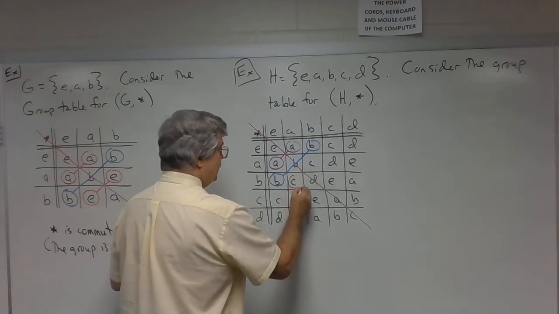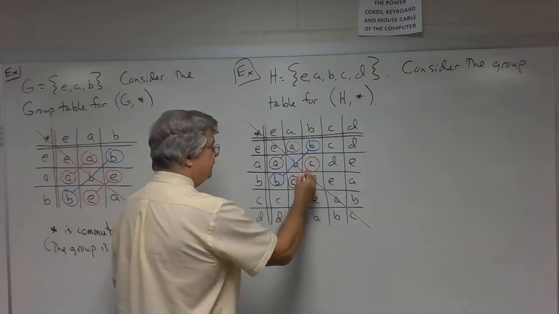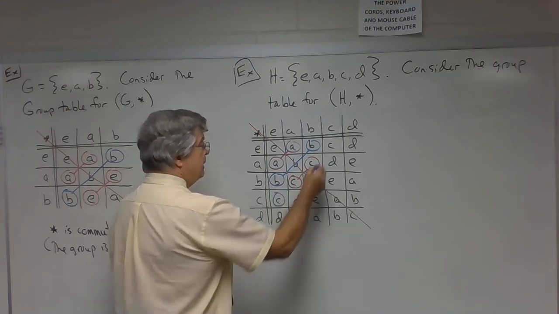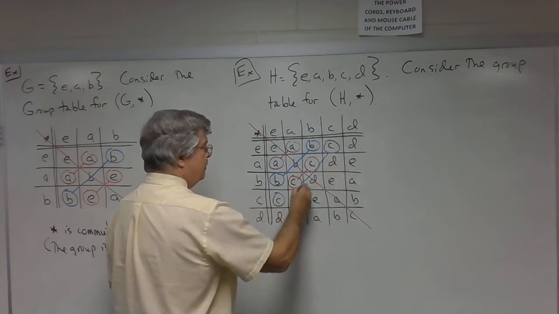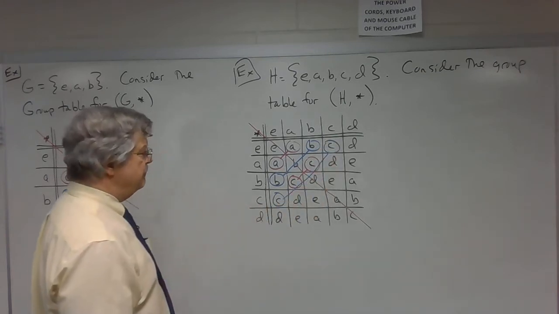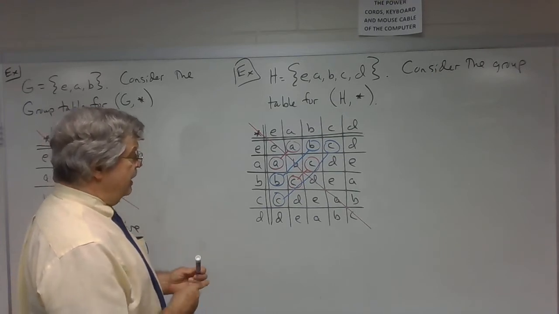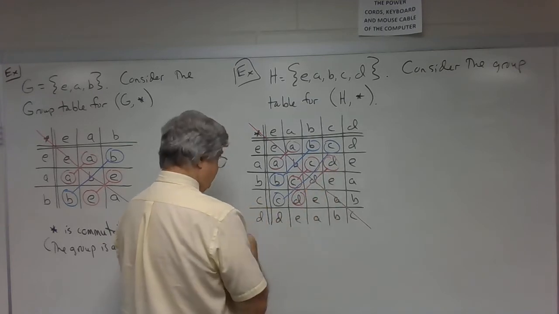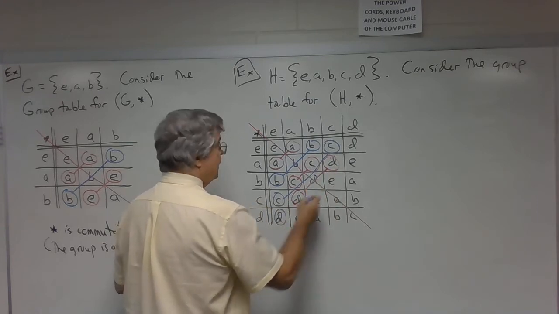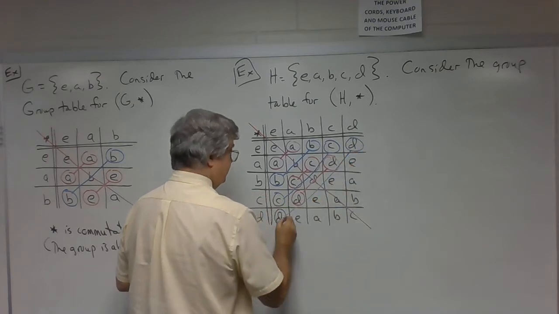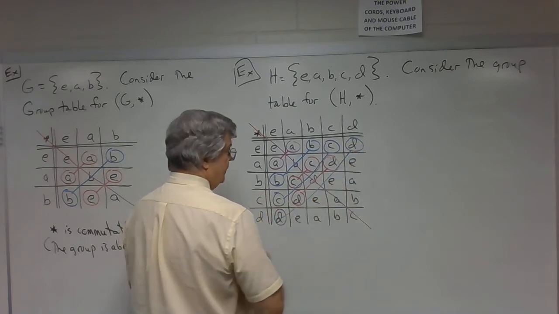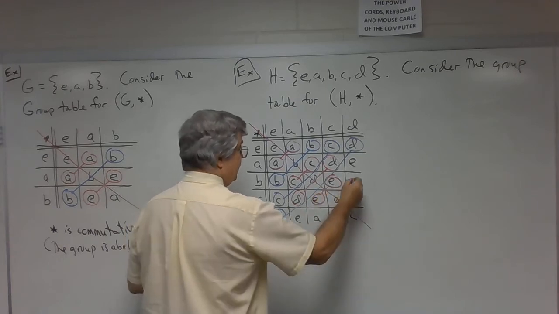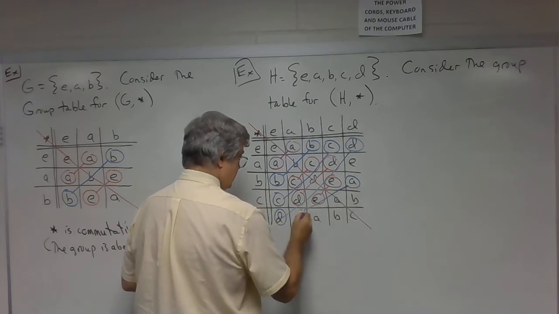Take another element below the main diagonal, match it up with its counterpart above the main diagonal. They're the same. And let's see, we can match these two up. They're the same. We can match these two up. They're the same. And then these two, same.